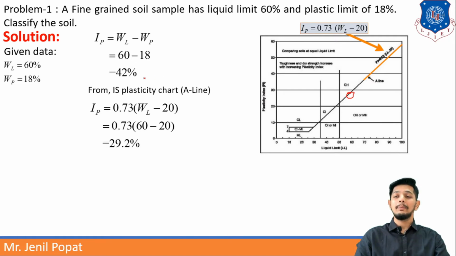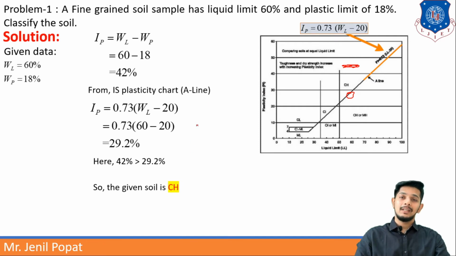And my IP value is coming out as 42%. We can clearly see that 42% is greater than 29.2%, so the point lies above the A-line. For that, WL should be checked.